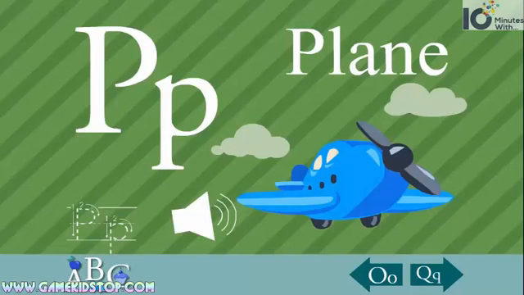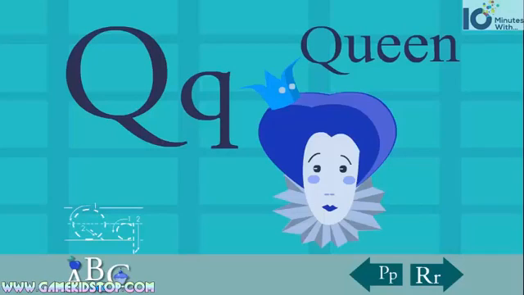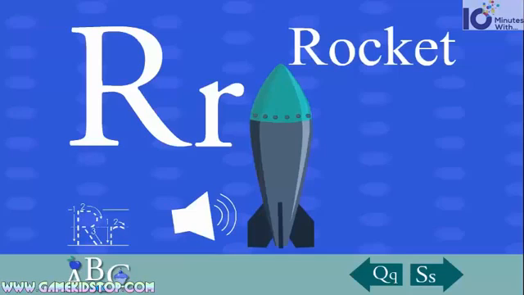P. P makes a P sound. P is for plane. Q. Q makes a Q sound. Q is for queen. R. R makes an R sound. R is for rocket.